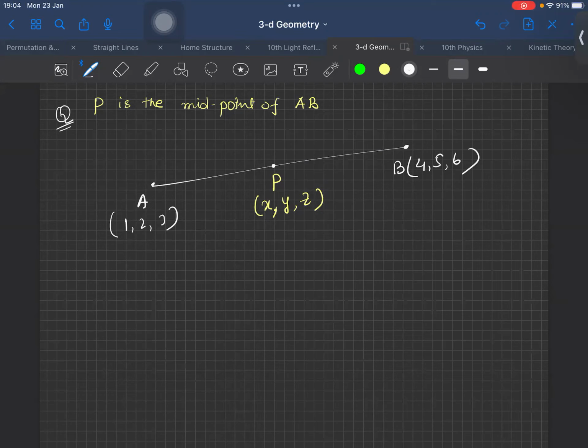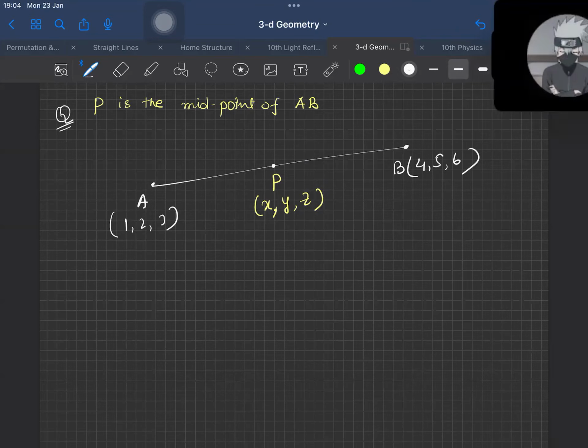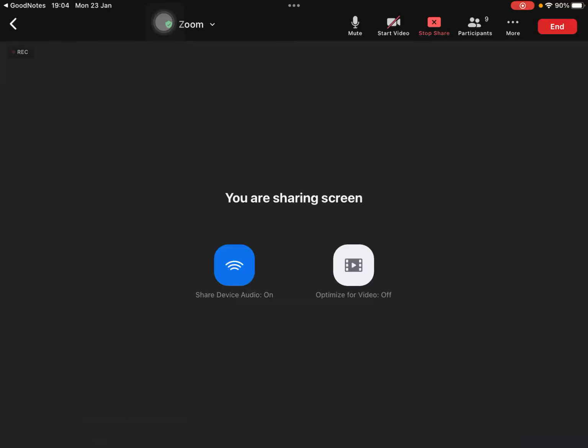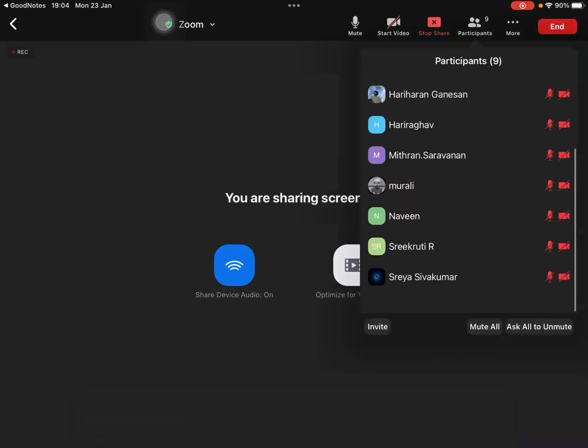Anybody? Anyone, please tell me the answer. How will you solve it? Murli, tell me how you'll find it. It's very easy, right?